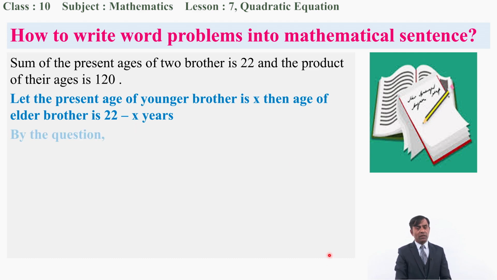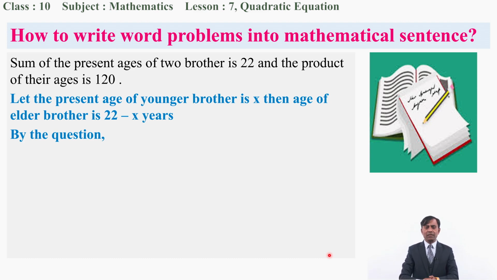So the younger brother's age is X years, and the elder brother's age is 22 minus X years. Then let's go with the second part of the question. What is written there? The product of their ages is 120. The younger brother's age is X, the elder brother's age is 22 minus X, and their product means multiplication, right?